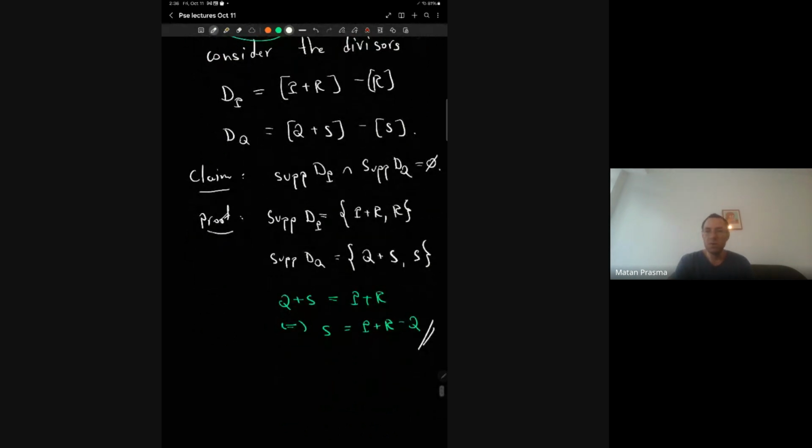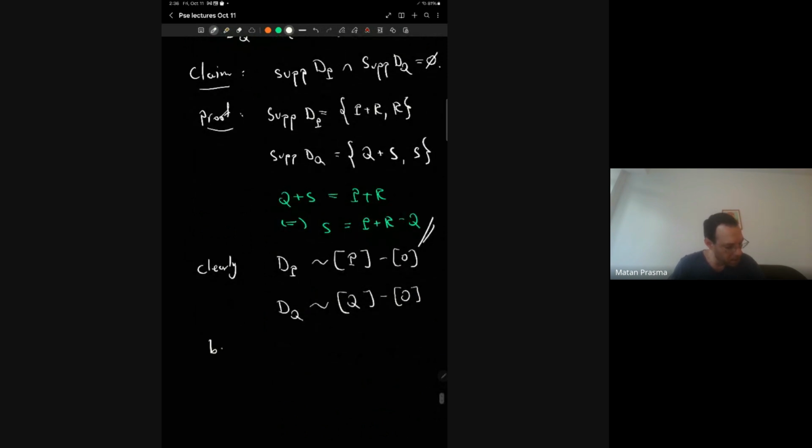Okay, so now I define the Weil pairing. And of course, clearly, d_P is equivalent to P minus O, and d_Q is equivalent to Q minus O. Right?